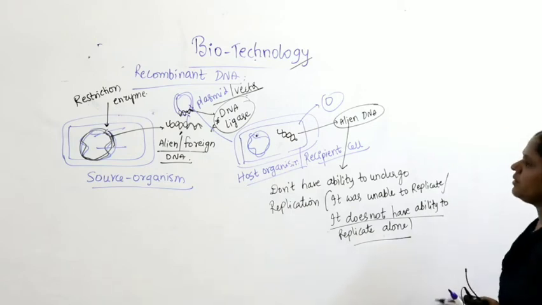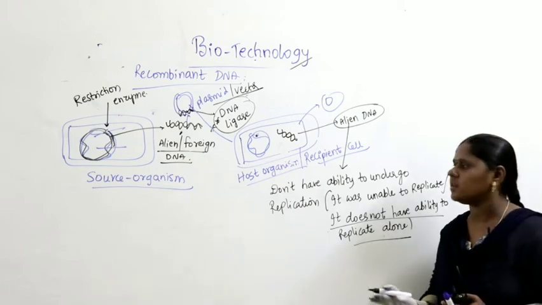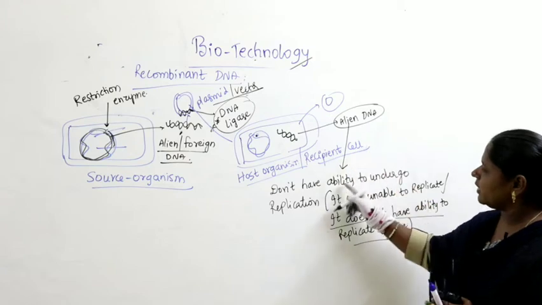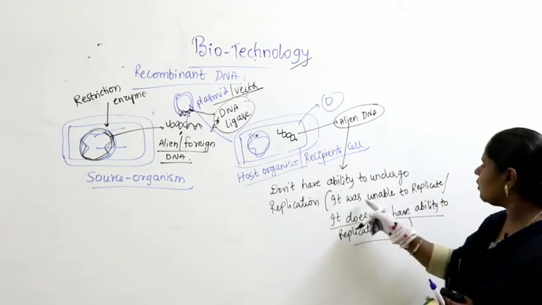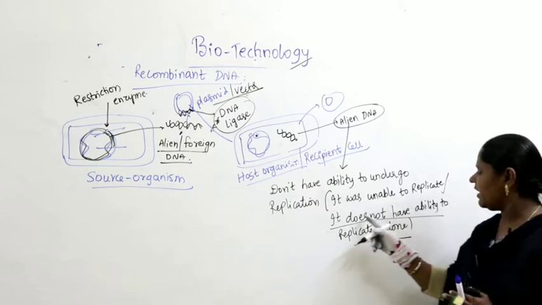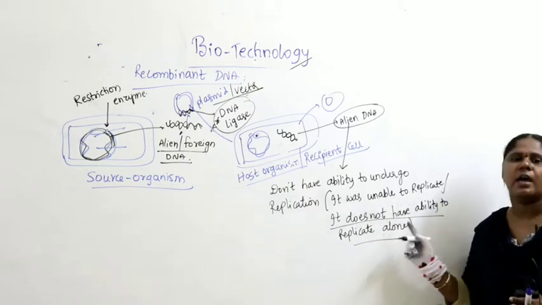All these statements are very important. You need to understand the statement very clearly. Alien DNA does not have ability to undergo replication, or you can say it was unable to replicate, or it does not have ability to replicate alone.